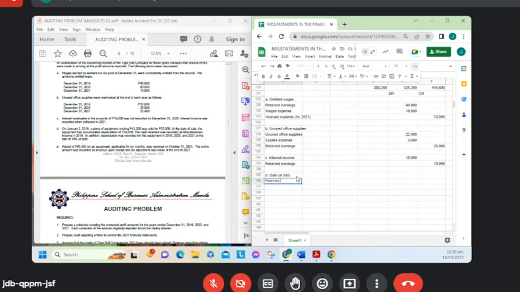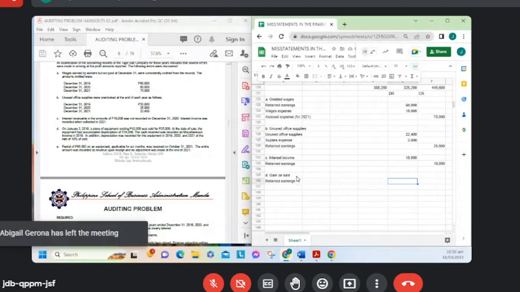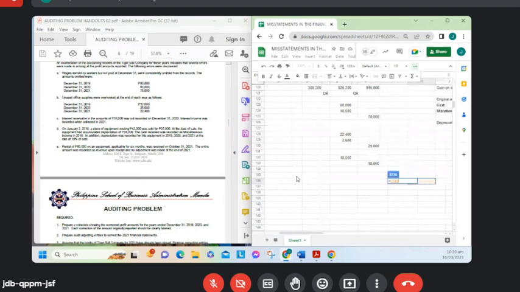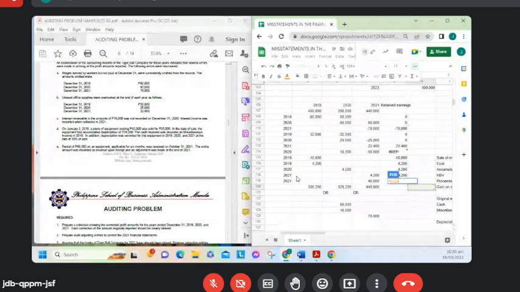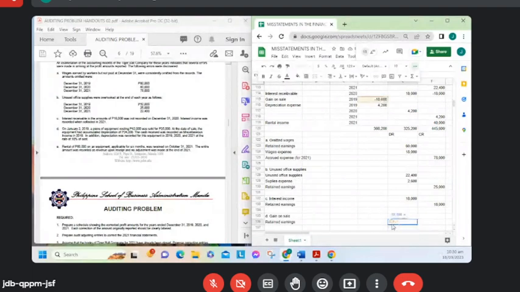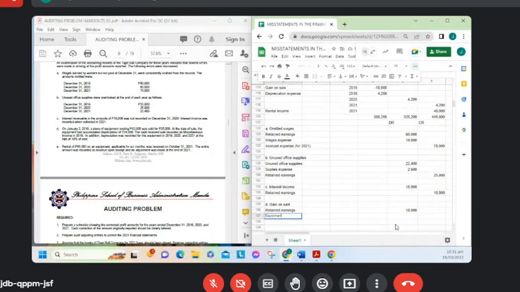So retained earnings, debit amounting to 18,000. Credit equipment, 42,000.